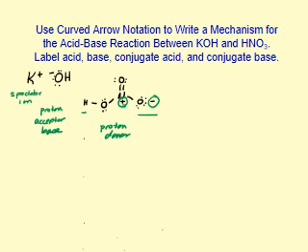And so therefore then, we could draw a mechanism in which this is going to be our base, this is going to be our acid, donating the proton, and we would form water and nitrate.